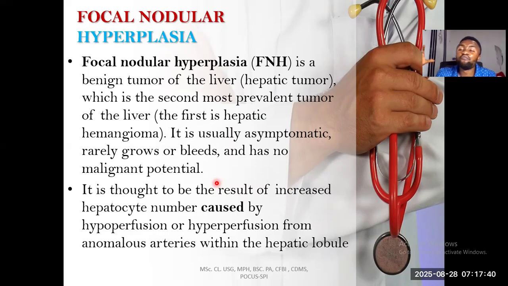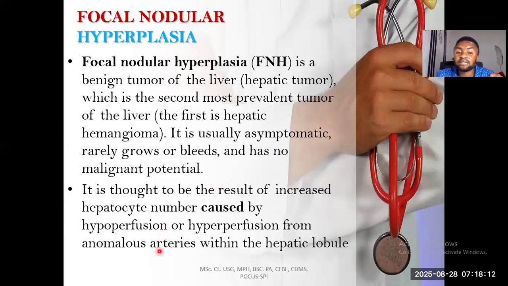Hyperperfusion, the flow is too much for the structure. It will still try to adapt, and in trying to adapt, it may undergo hypertrophy. For hypoperfusion, there is hyperplasia, increase in the number of cells. For hyperperfusion, there is hypertrophy. So both of them will cause some enlargement. Do you understand?